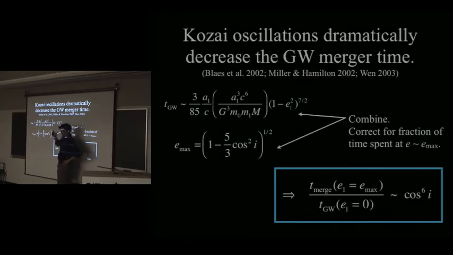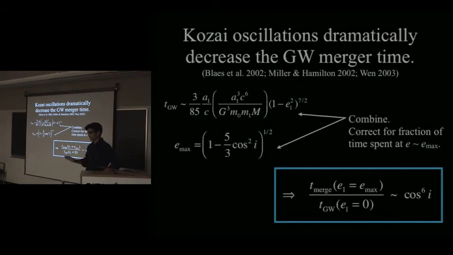And then make a correction for the fact that only part of the time is spent at high eccentricity. Because sometimes it's high eccentricity, sometimes low, high, low, as the binary goes like this. And every time it goes to high eccentricity, it burns its fuel in gravity waves. You correct that, and you get that the merger time goes like cosine I to the 6th power.